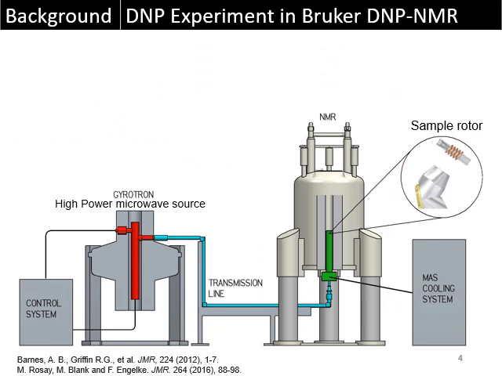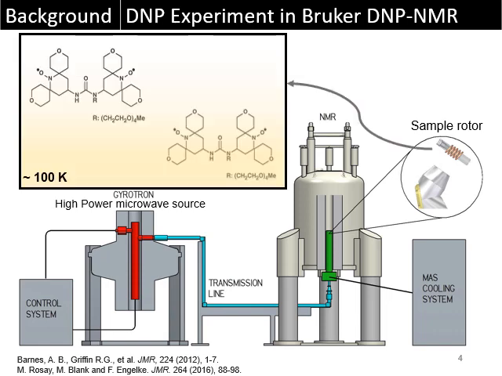Then how is a DNP experiment done? I'll use the commercial Bruker DNP NMR setup to explain. The gyrotron here is the high-power microwave source. Microwave is guided through the transmission line to the MAS probe inside the NMR spectrometer. Inside the MAS probe, there's our sample rotor, and inside the rotor, we have stable radicals that provide free stable electrons.